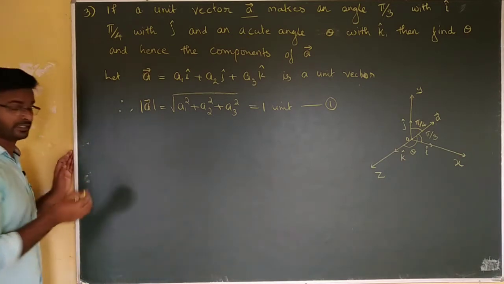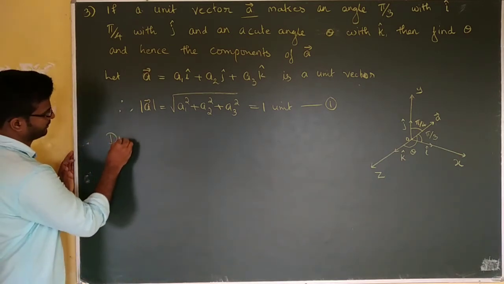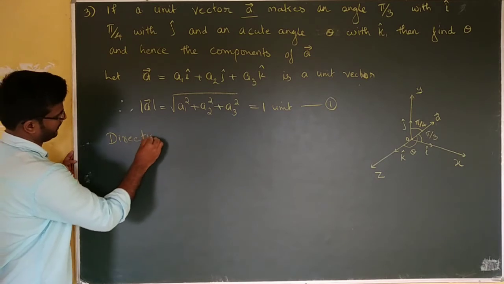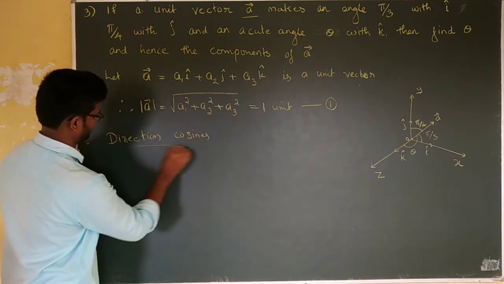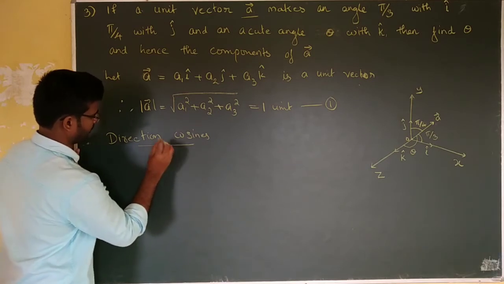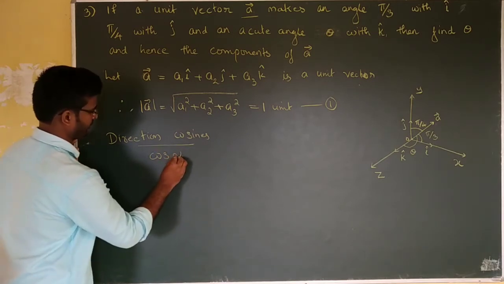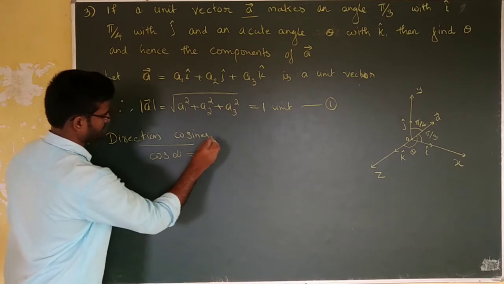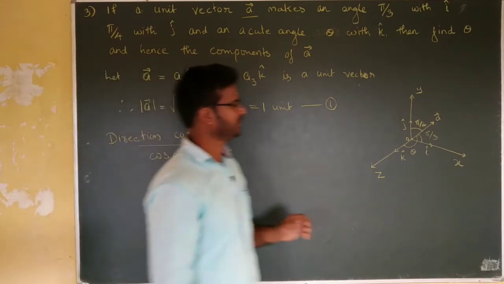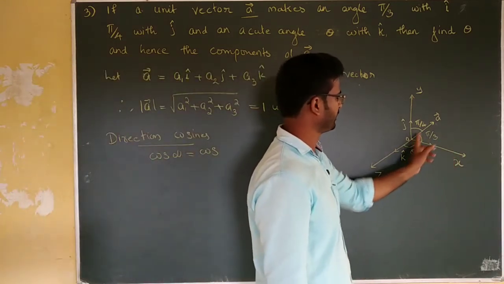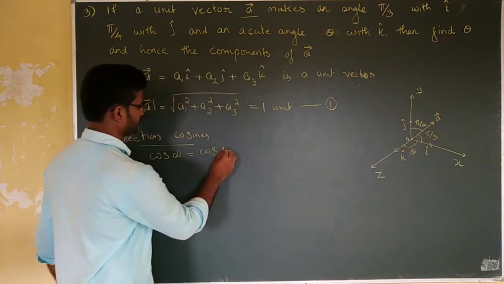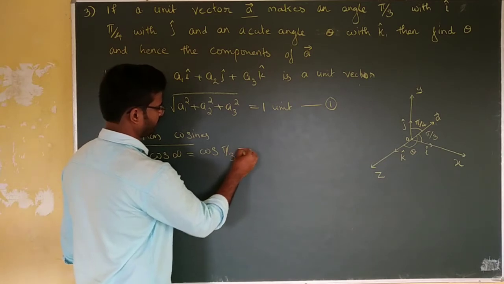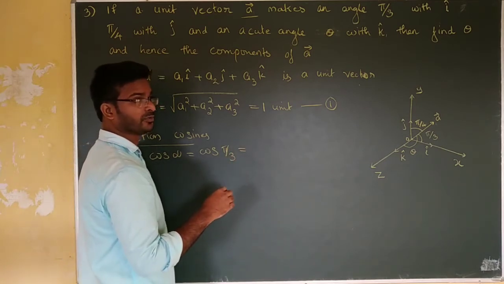Now we can take direction cosines. First, cos alpha, here the angle between the x-axis and our A vector is pi by 3, equal to x divided by modulus of A vector.